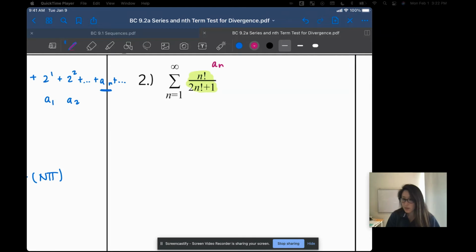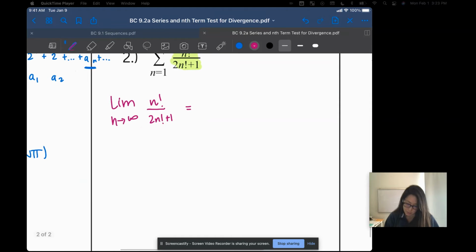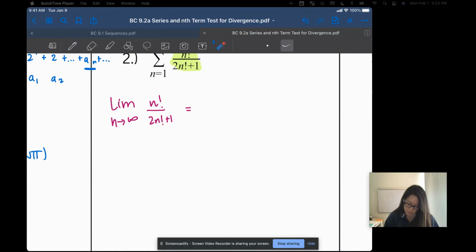So without having to figure out that nasty s sub n equation, I can just take the limit as n approaches infinity of the nth term, which is n factorial over 2 times n factorial plus 1. And what I end up with is the numerator and the denominator are increasing basically at the same rate by a factor of n factorial.